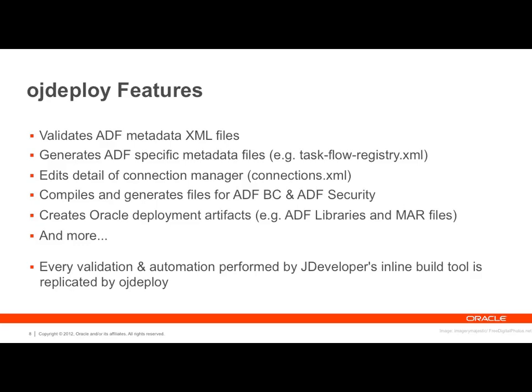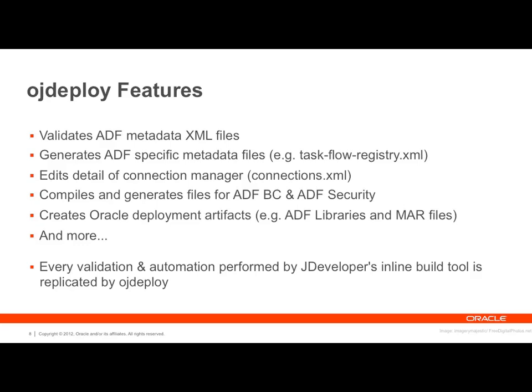In addition, when you're generating specific ADF artifacts like ADF library jars, which are not a part of the Java specification, they're a proprietary type of jar provided by Oracle, it includes additional metadata files that are required by the rest of the tooling. So, for example, you might be familiar with opening ADF library jars within the resource palette within the JDeveloper IDE, and when you do that, it reveals all the task flows within the ADF library jar.